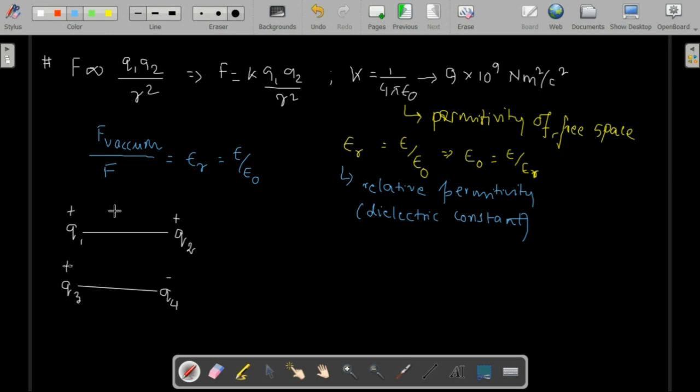For example, if q1 and q2 are both positive, they are going to repel each other. That's why the force on q2 due to q1 will be in this direction. We can write it as force on 2 due to 1.